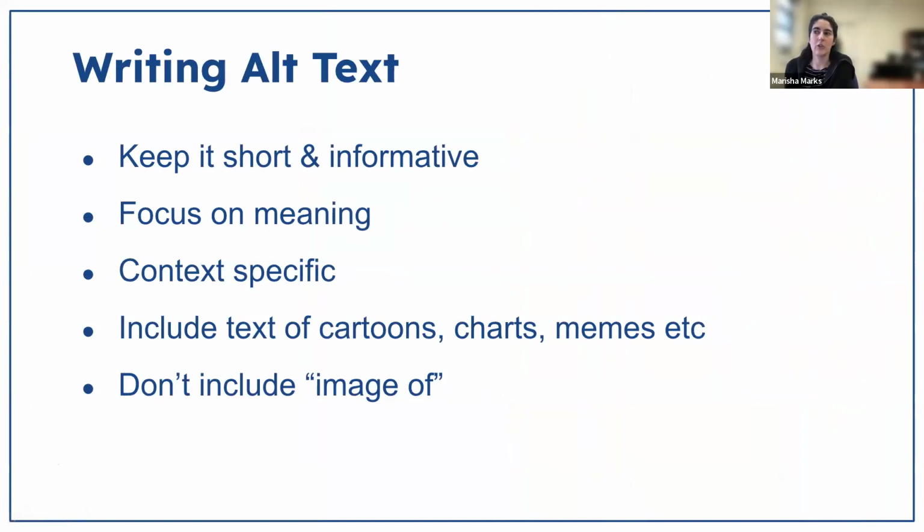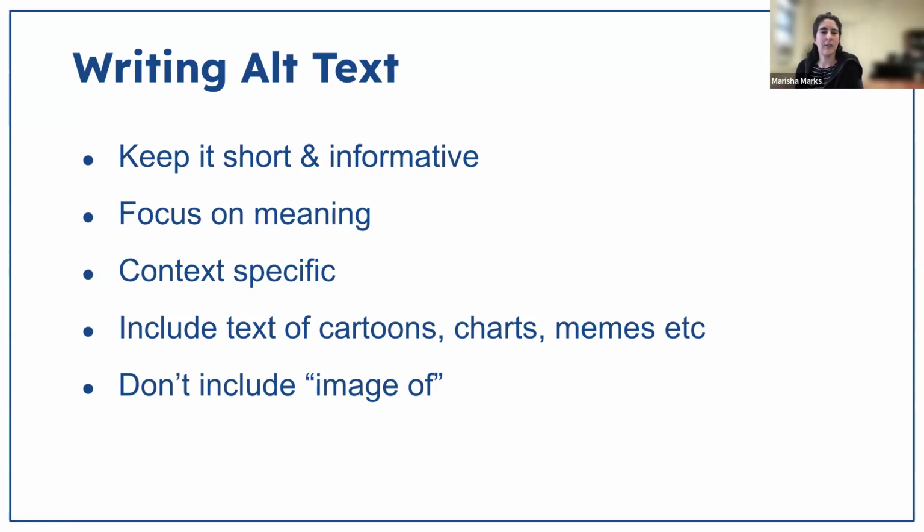In writing your alternative text, you want to keep it short but informative. So you really want to be focusing on the meaning. What is the meaning that somebody needs to get from that image? Is it a logo? Is it a chart that is meant to convey certain information? Is it a chart that shows growth in enrollment? Is it fireworks going off because we're celebrating something?